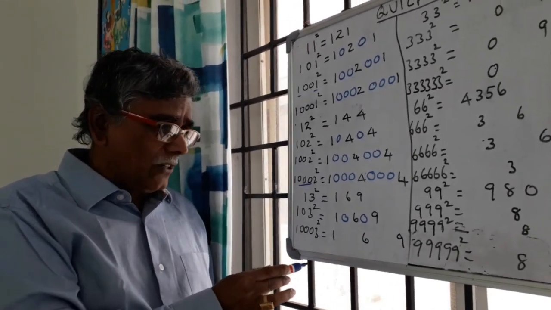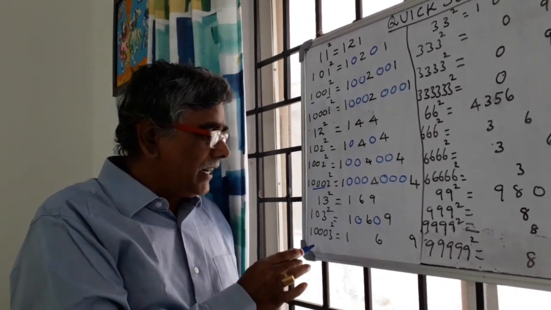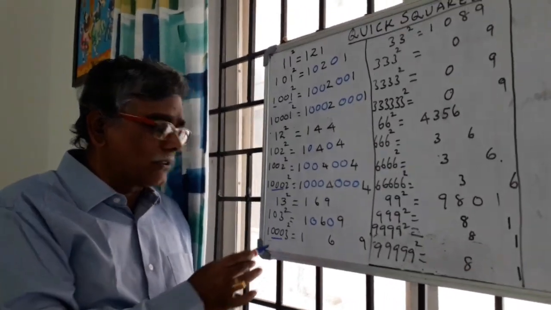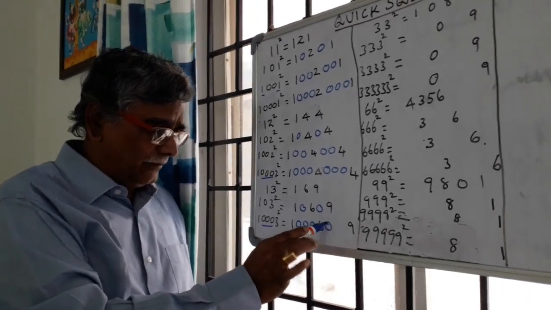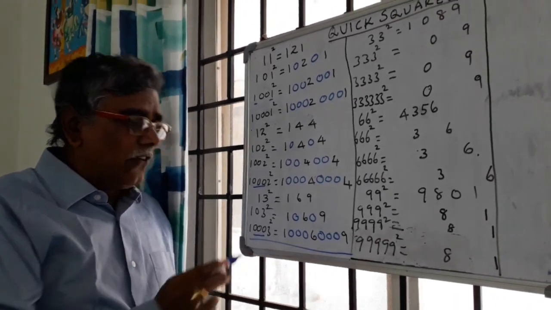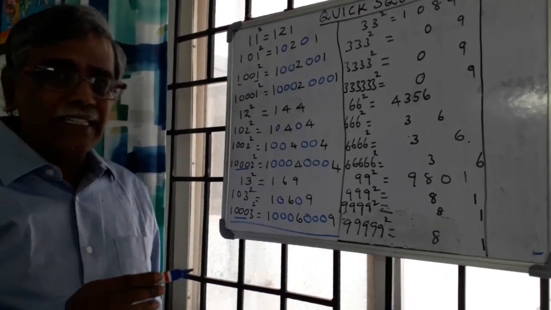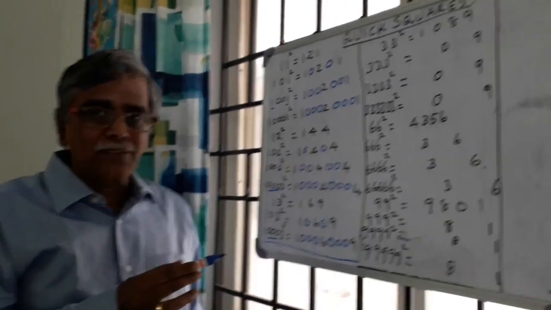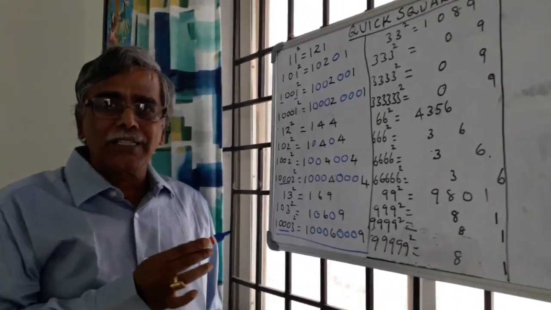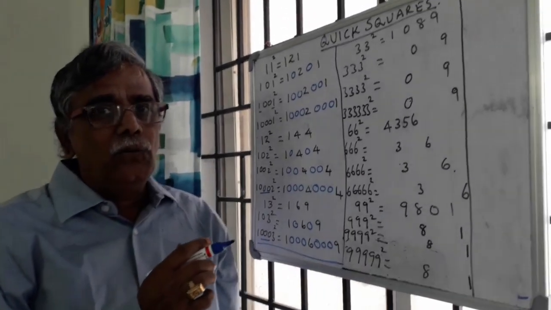Then 10,003 whole square, you just have to put three zeros in between them because there are three zeros in between 1 and 3 here. You have to put three zeros here. So if you know 11 square, 12 square and 13 square, then it is easy to find out 101 square, 102 square, 103 square, 1001 square, 1002 square, 1003 square, etc.